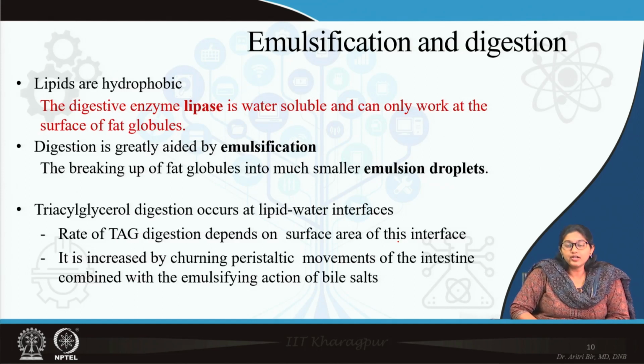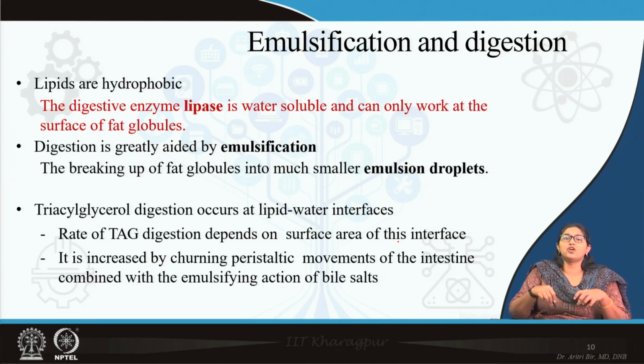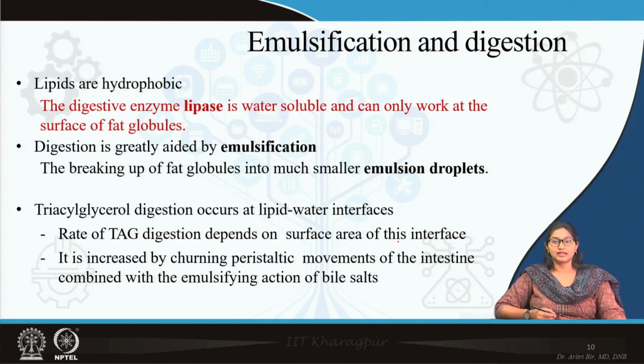Again, the rate of triglyceride digestion is dependent on the surface area, and that surface area is not only enhanced by bile salt, it is also enhanced by the churning peristaltic movement. These are the shearing movements in the stomach as well as the intestine, which help in breaking down the bigger lipid droplets into smaller ones.